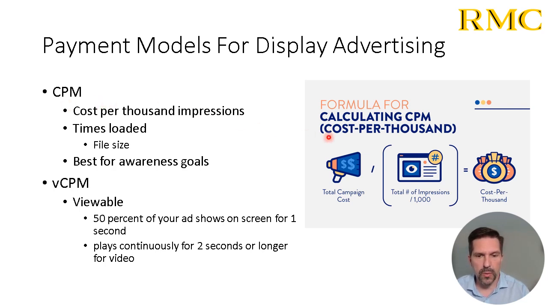The way you compute it is pretty simple: how much it costs the campaign divided by the total number of impressions, multiplied by 1,000, and that's going to give you the cost per 1,000.